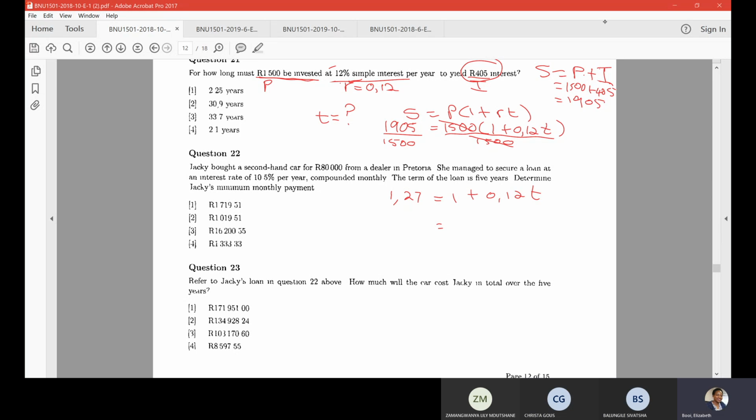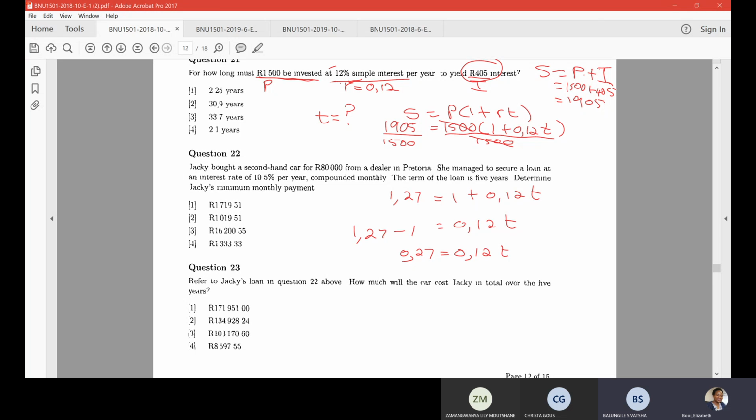We must move 1 from this side to the other side. And because it's positive, it's going to be a negative value. 1.27 minus 1, and this side will be left with 0.12t. And on the right, we are left with 0.27 is equal to 0.12t.